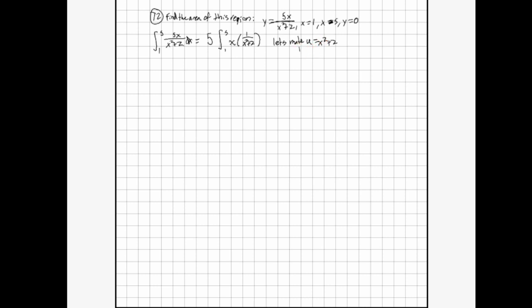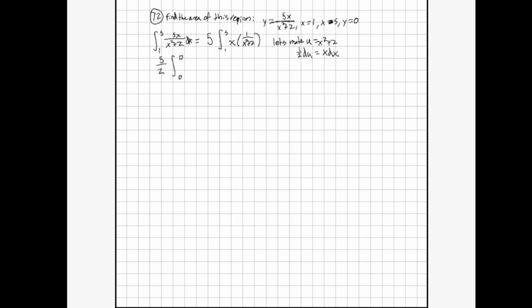So 1/2 du equals x dx. And now from this point, I can plug this back into the equation, so I can replace the x dx with 1/2 du. I end up moving the 1/2 to the outside. So this right here turns into 5 over 2.